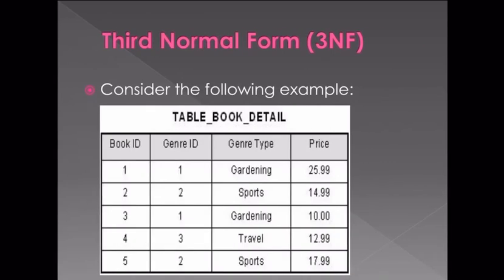For the third normal form, I will briefly tell you an example so you understand if you didn't get it. You will see this example has a book ID, genre ID, genre type, and the price.